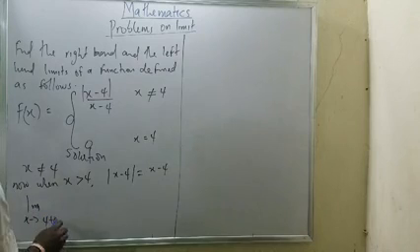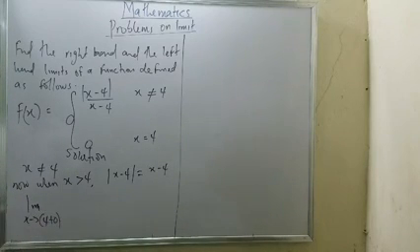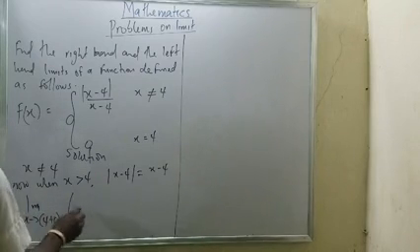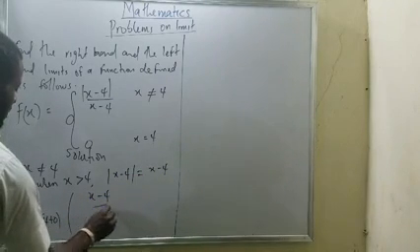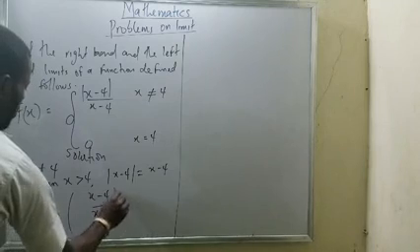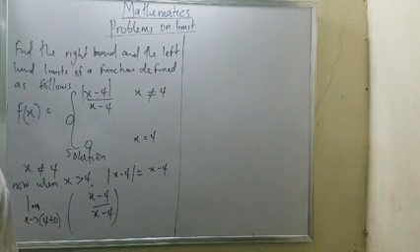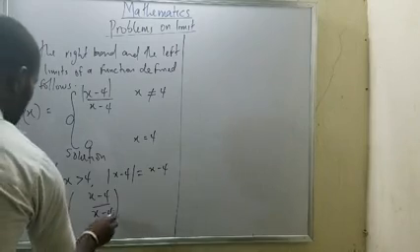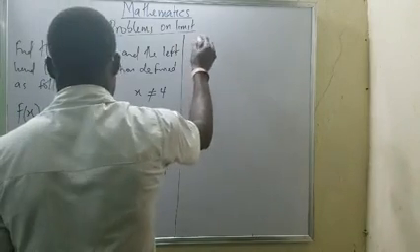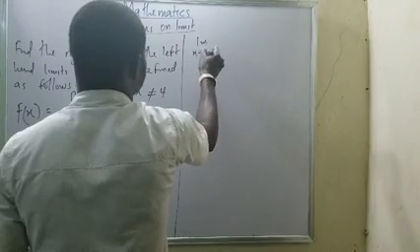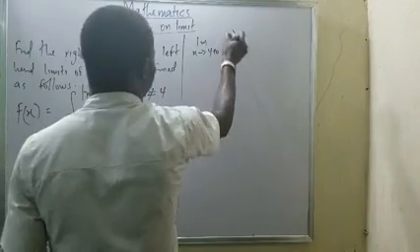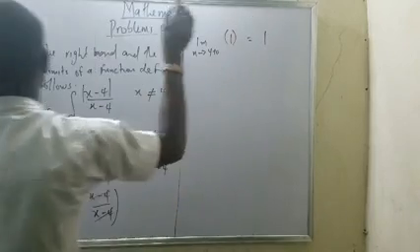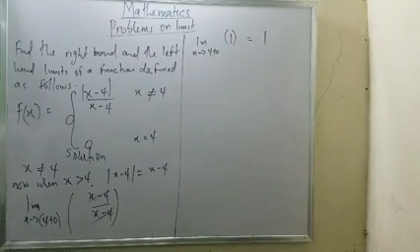It means my x is increasing. It will be equal to the limit of absolute value of x minus 4 divided by x minus 4, which is x minus 4 divided by x minus 4, which will surely give me 1. It means the limit of x tends to 4 plus will be equal to 1.